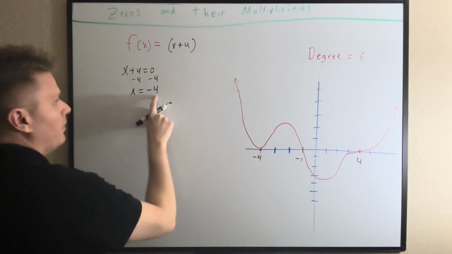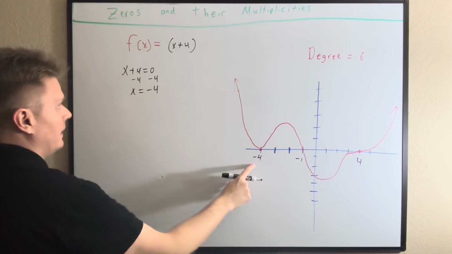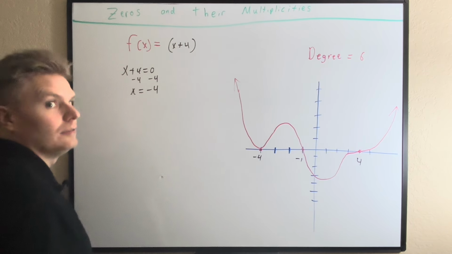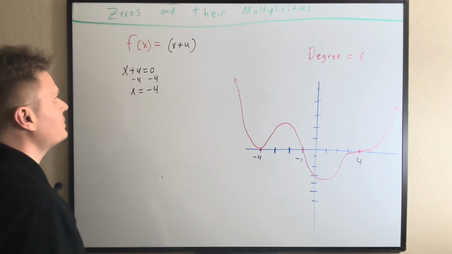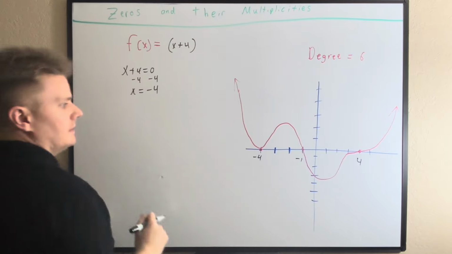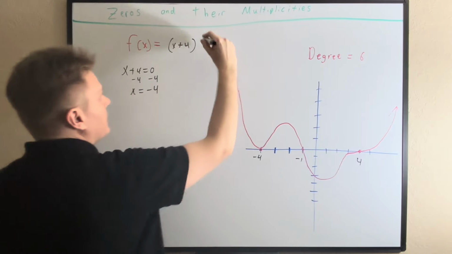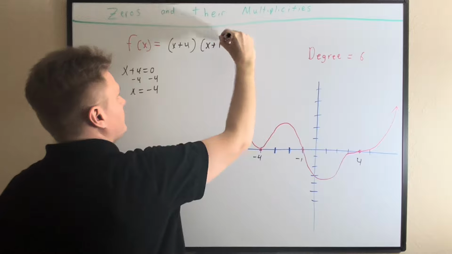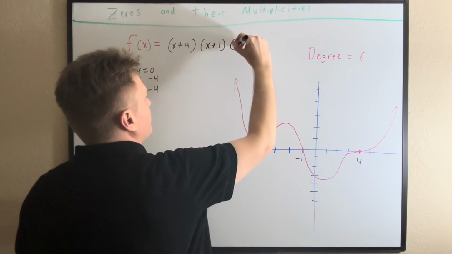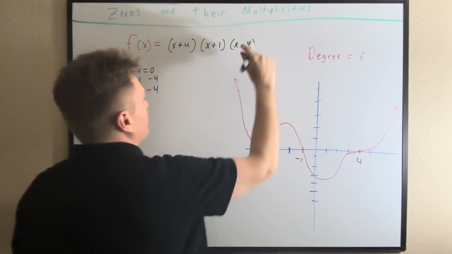We just kind of work backwards. We had our answer from the beginning and we made it into a binomial for our function, right? That's how I got there. Same thing for negative 1. It's now x plus 1 in the function. And for positive 4, that's going to be x minus 4.